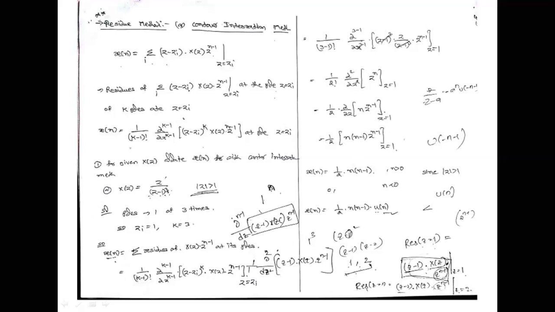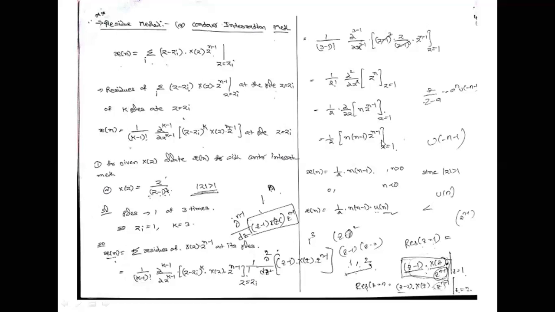See here, it is n minus 2. So z power n gives n into z power n minus 1, and differentiating again gives n minus 1 times z power n minus 2.